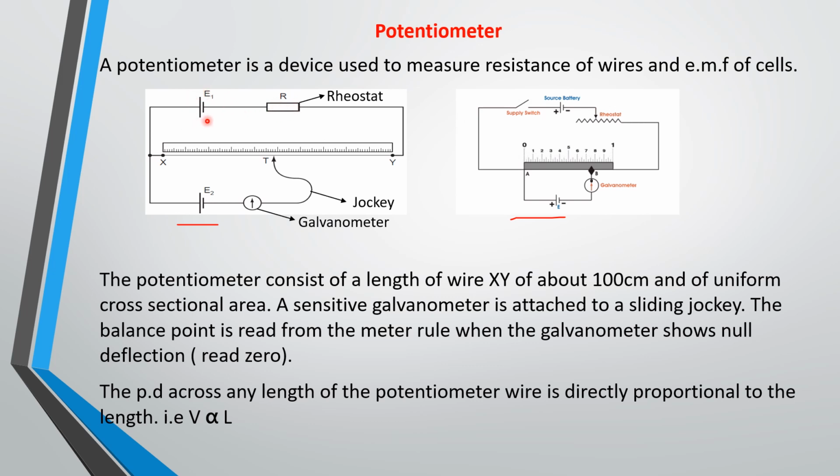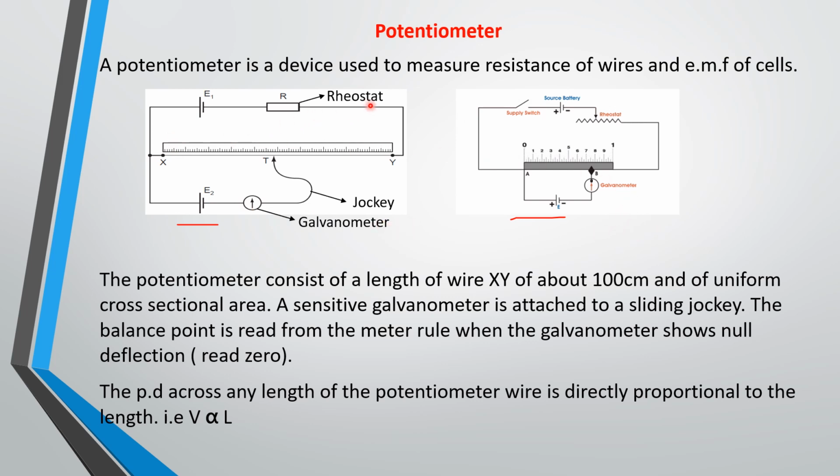Then this is your cell, this is your battery, then this is the potentiometer wire XY, this is a jockey and a galvanometer that is connected, then this is a cell. This is a key that needs to be closed or opened, as the case may be. So this is just a diagram of what a potentiometer is.